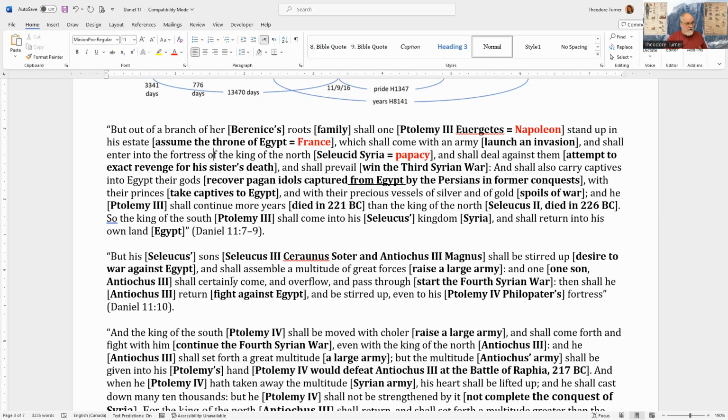Because they look at this history and all they see is the historical fulfillment of this prophecy, right? To them, that's the fulfillment of the prophecy, which it is, right? But they don't understand the repeat of history. And they don't understand the transition from literal to spiritual that happens with Daniel chapter 11.